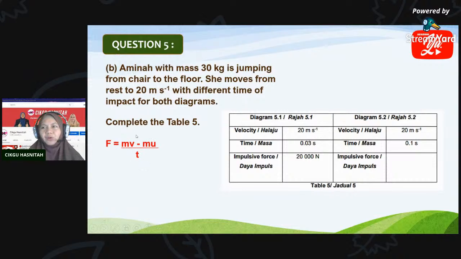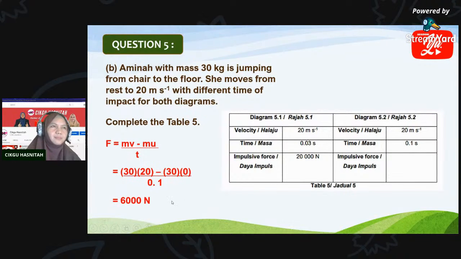So rate of change of momentum: mass 30, velocity 20, minus mass 30, final velocity 0. Why? Because she's already landed. So when she landed, she stopped moving. So final velocity is 0. Divide by the time. So time is 0.1. So by this, the impulsive force is 6,000.